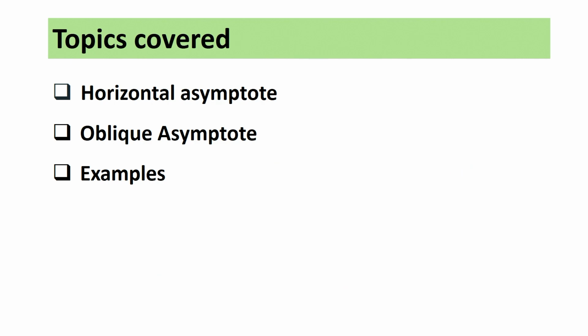Here we are going to explore horizontal asymptotes as well as oblique or slant asymptotes. This is a very important topic in calculus, and in particular in asymptotes and curve tracing.